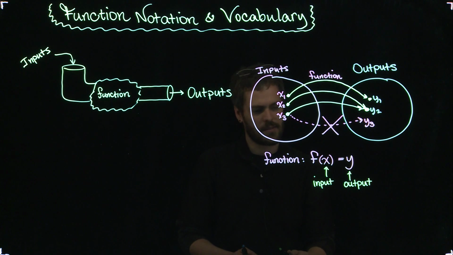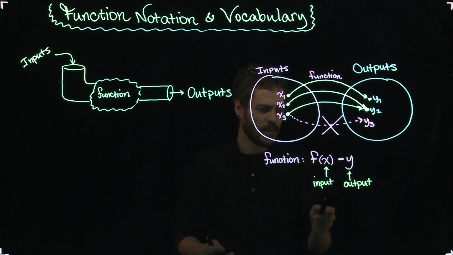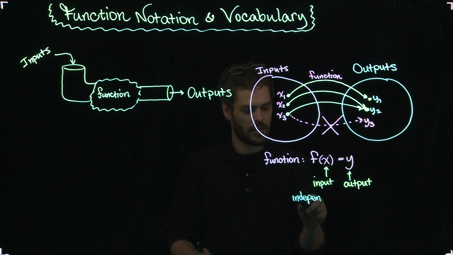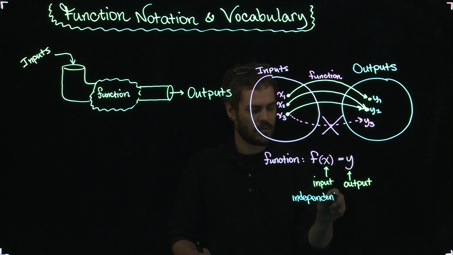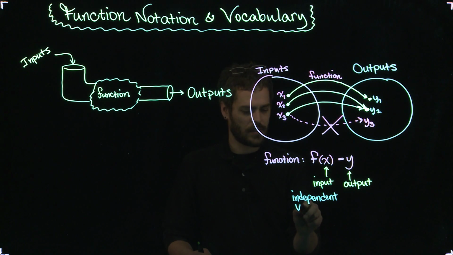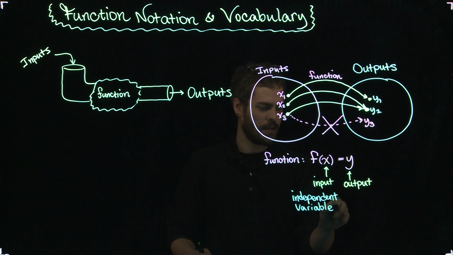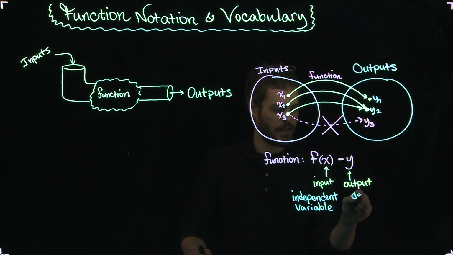We also call these independent and dependent variables. The input is the independent variable. And the output is the dependent variable.